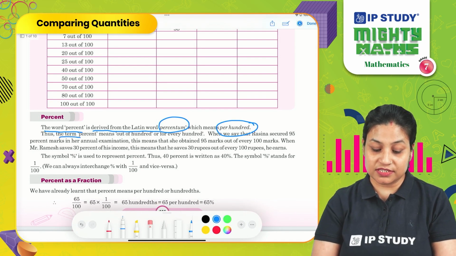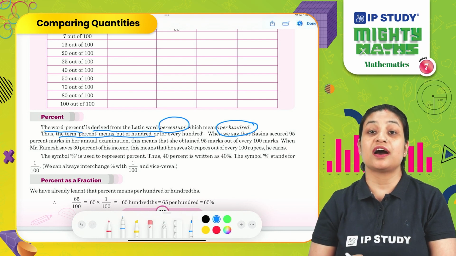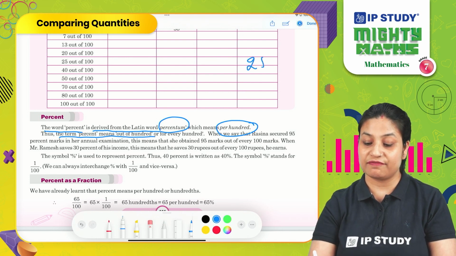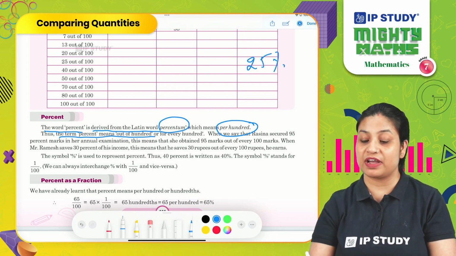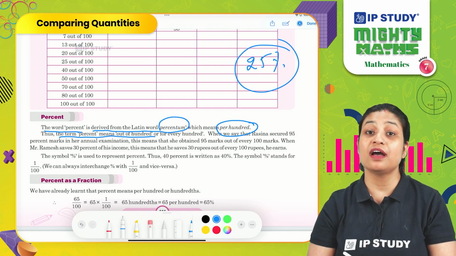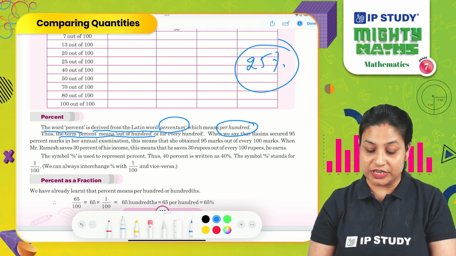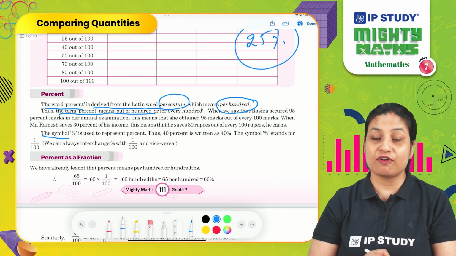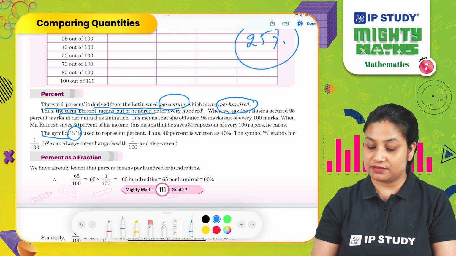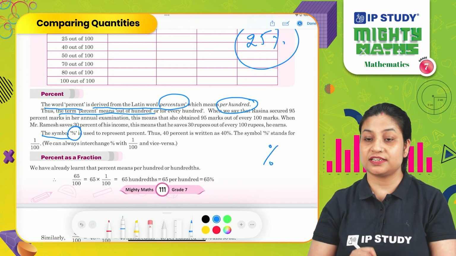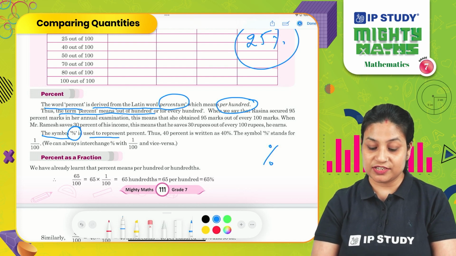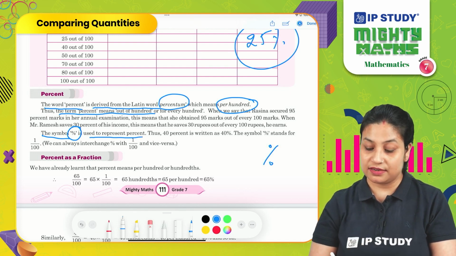Now, the term percent means out of 100. So if I'm writing 25% off, it means 25 parts are off from the main cost price of that particular object, right? So here, the symbol for percentage is this. We write the symbol for percentage like this one, and it is used to represent percent, right?